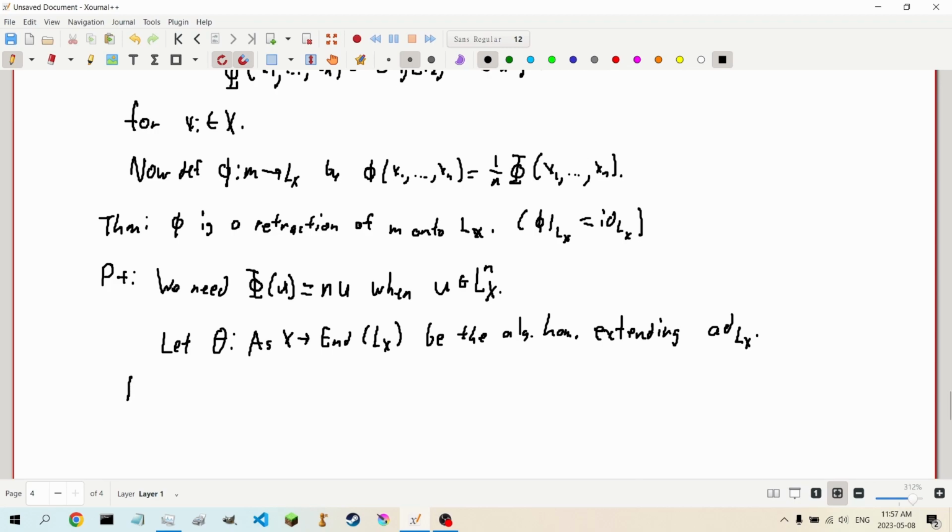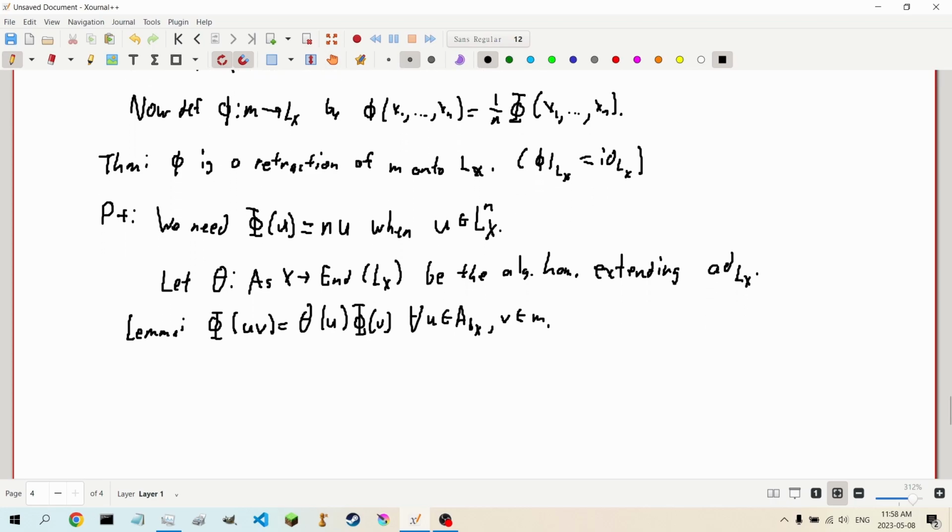Now, to keep going, we need a lemma that big phi of u times v is equal to theta of u times big phi of v for all u in the free associative algebra of X and v in our M. And the proof of this lemma, since everything's linear, we prove by induction on u as the product of xi for the number of components in u.